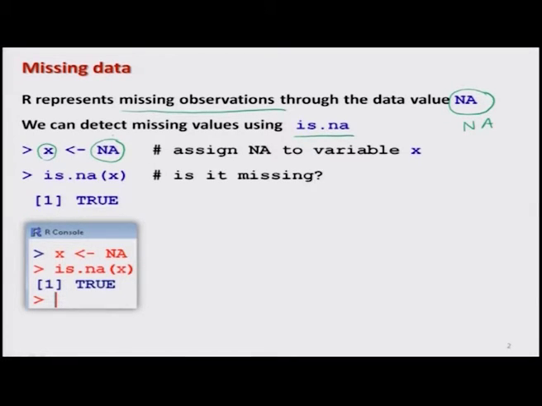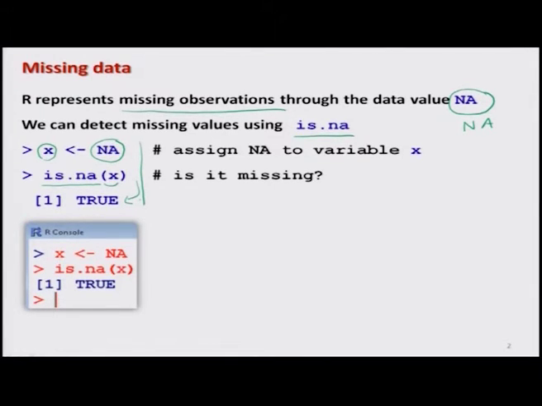Now I operate this command is.na, and inside the bracket I write the variable name x. This means I want to know, is there any value which is missing in x, and the answer comes here true. That means there is a missing value in x, and we can verify that here, right.